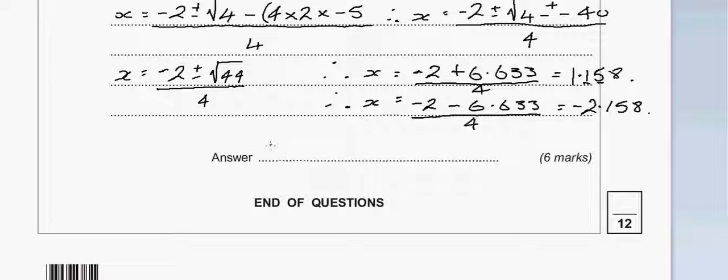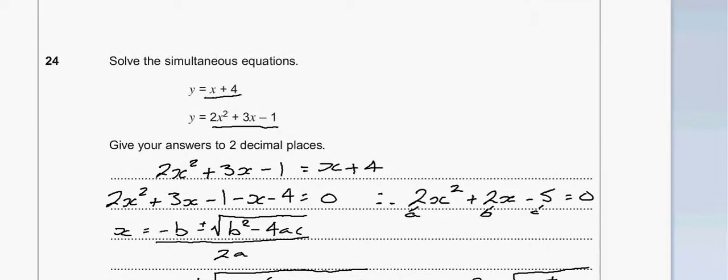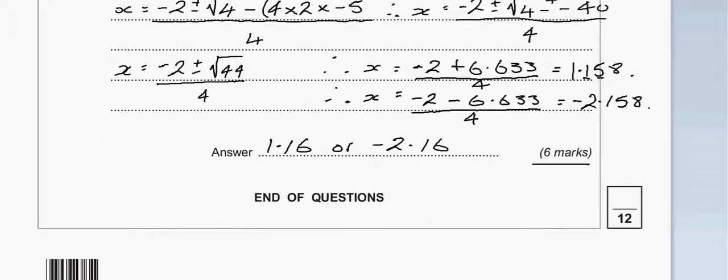So I could write 1.16, or, and again here, this would round up to 6. So I would have minus 2.16. Okay. So 6 marks. So you can see why it's 6 marks. Okay. The actual quadratic itself isn't that difficult.